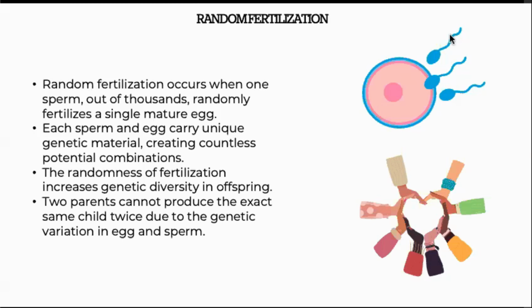Remember, in meiosis, they're producing gametes. So this is one combination, one combination, one combination. They're different combinations that are competing for this one egg. So the randomness of fertilization also increases genetic diversity. You have two parents that can't produce exactly the same child twice, and you have the variation of egg and sperm.